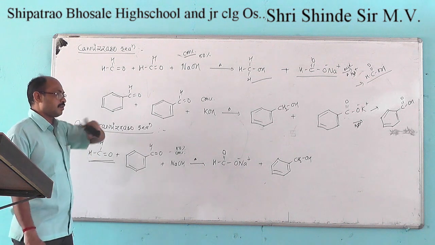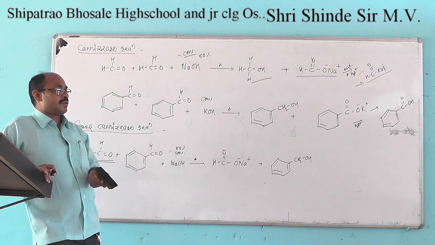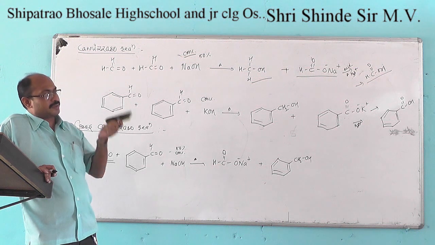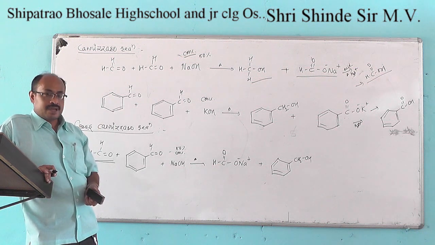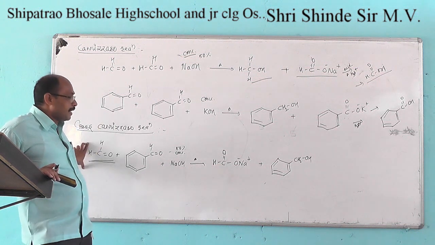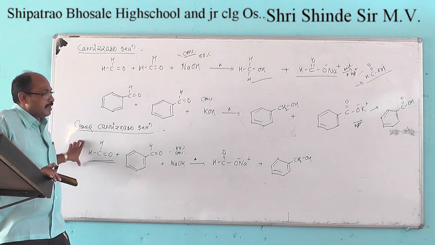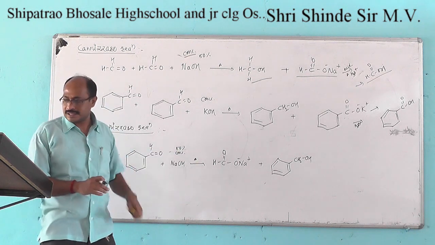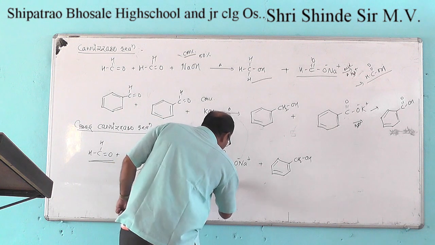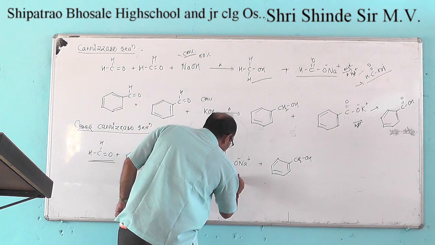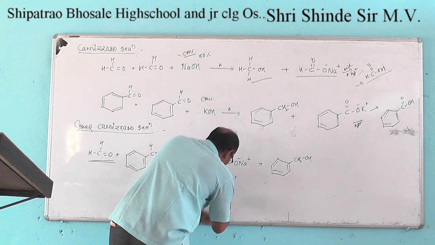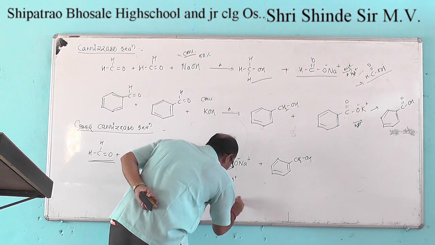We have two different aldehydes which do not have any alpha hydrogen. If one of them is formaldehyde, it must be converted into the corresponding salt of formic acid, which on acidification gives the corresponding formic acid.